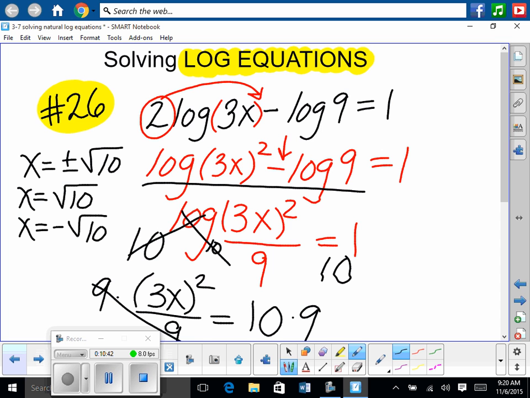If we plug in positive square root of 10, 3 times that squared is going to be positive, right? What if we plug in negative square root of 10? It's squared, so it will still be positive. So we keep both answers. But there will be answers today that we have to throw out. Okay. All right. Does everybody understand where to check?